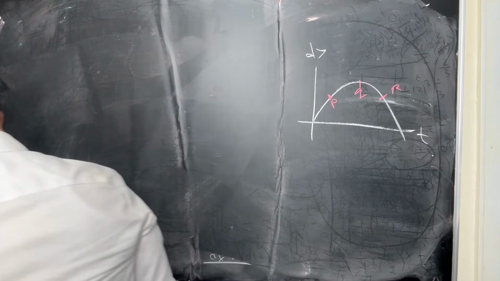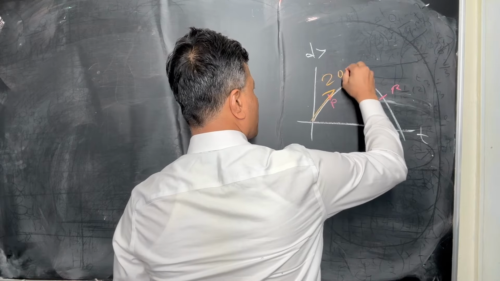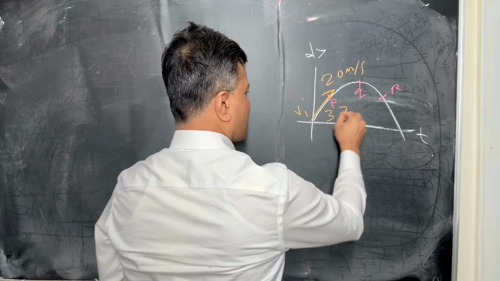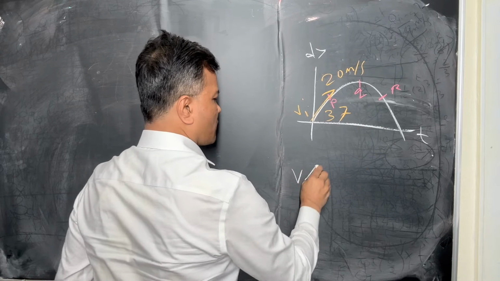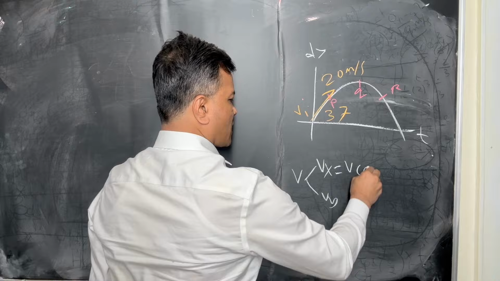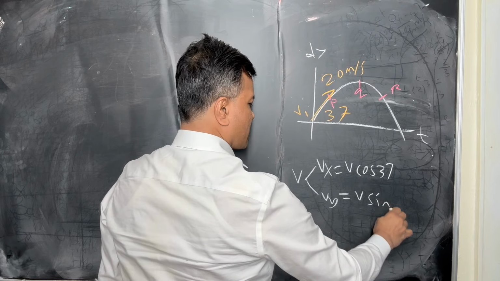You throw a ball, you kick a ball, let's say, we did it many times, at 20 meters per second, and that is V initial at 37 degrees. So you have two components of velocity, Vx and Vy. Vx is V cosine 37, Vy is V sine 37.